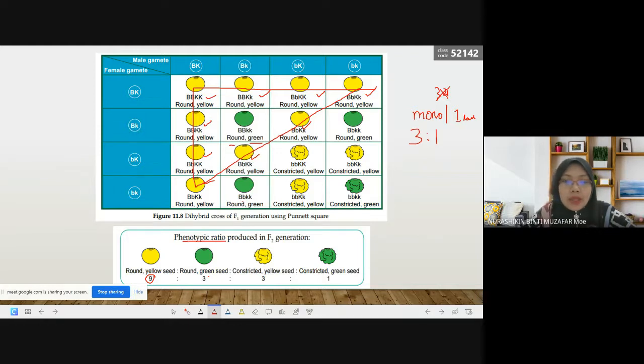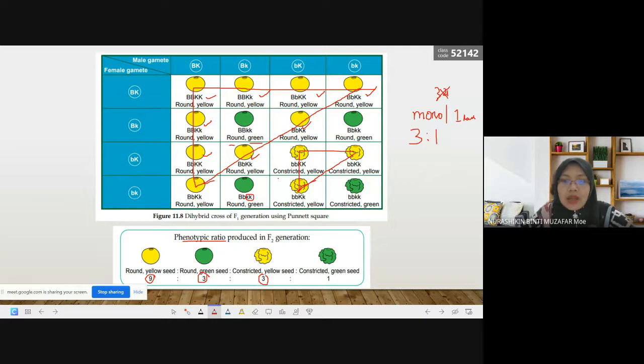Okay, big B, small b. These two are small k because it is green color, which is recessive. That's why the color is green. So there are 3. Then there are another 3, for constricted and yellow seed. Here you can see it forms a small triangle.